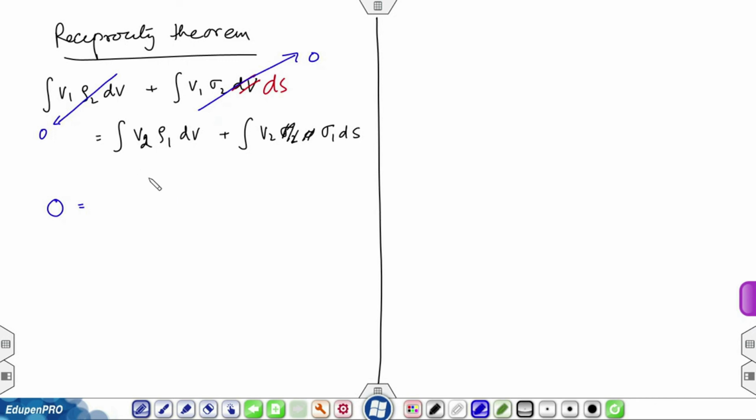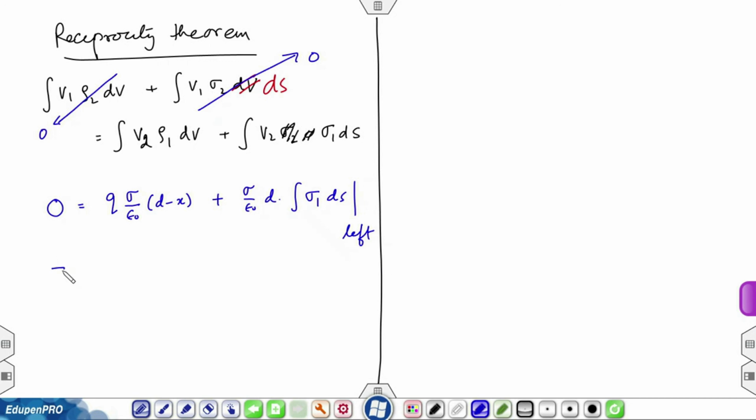So, I am going to get V2 value there, which is sigma over epsilon 0 times d minus x times q, plus V2 on the right plate is 0, and V2 on the left plate is sigma over epsilon 0 d, and this is what I want to find out, sigma 1 ds on the left plate.